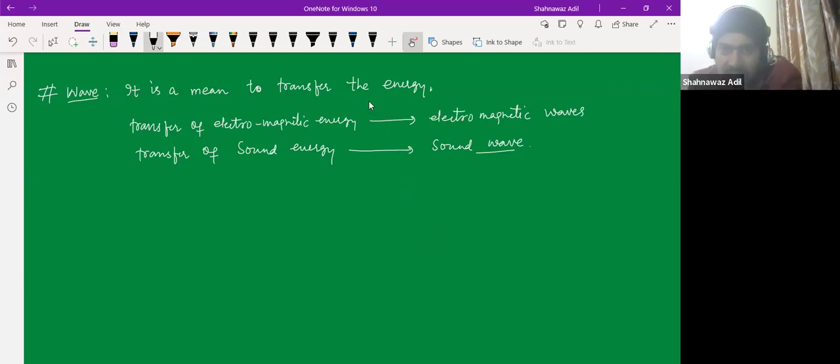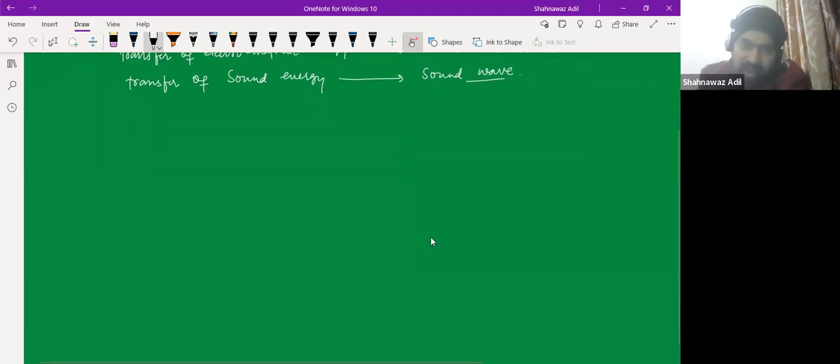And then how does this wave motion take place? This is very important. There are two parts of wave motion.